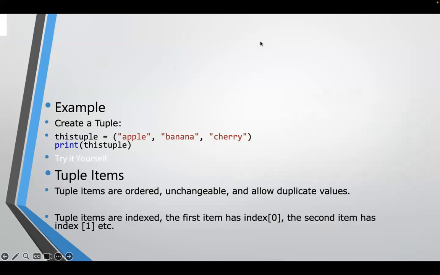Just like list, the only difference is that this has a round bracket, and list has got an angle bracket. But list can be changed. We can change list, but we cannot change tuple. It is always fixed. Tuple items are indexed. The first item has index 0, and the second item has index 1.